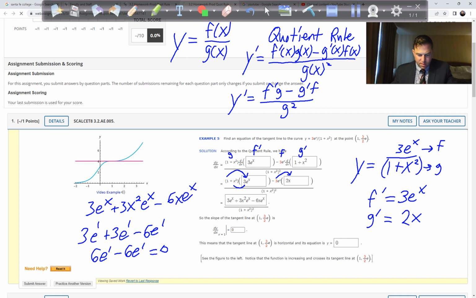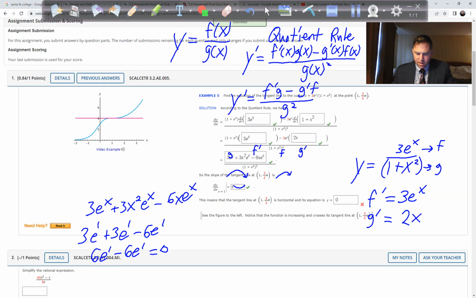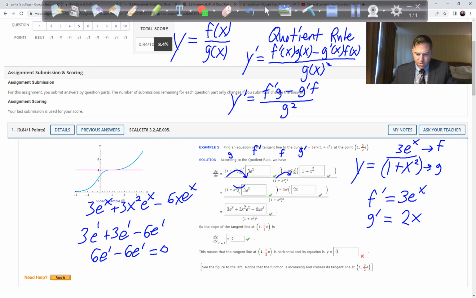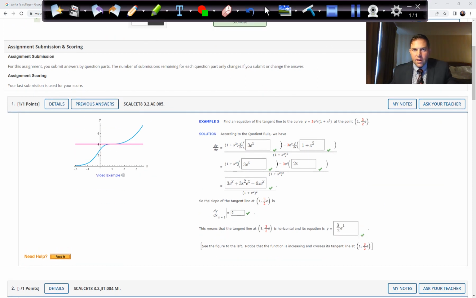Okay, so let's see if we got all those boxes right. A lot to check there. Okay, they didn't like my last answer, so let me take a look. Got ahead of myself a little bit there. The derivative is 0, but that's not the equation of the horizontal line.